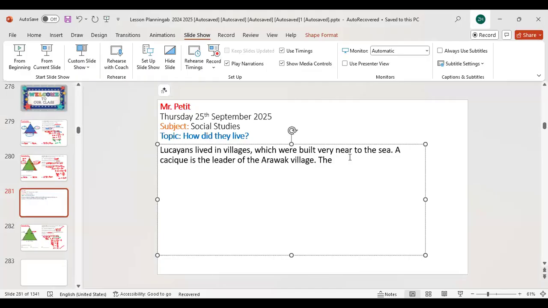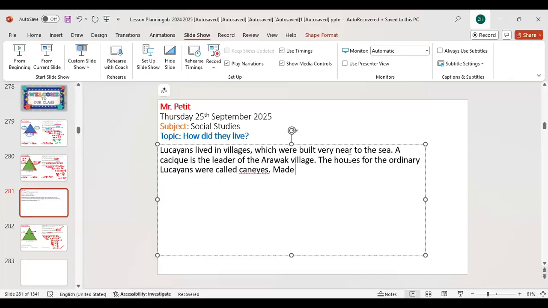So the houses for the ordinary Arawaks or Lucayans were called, what do we call them? Kanays, right? They were called kanays.